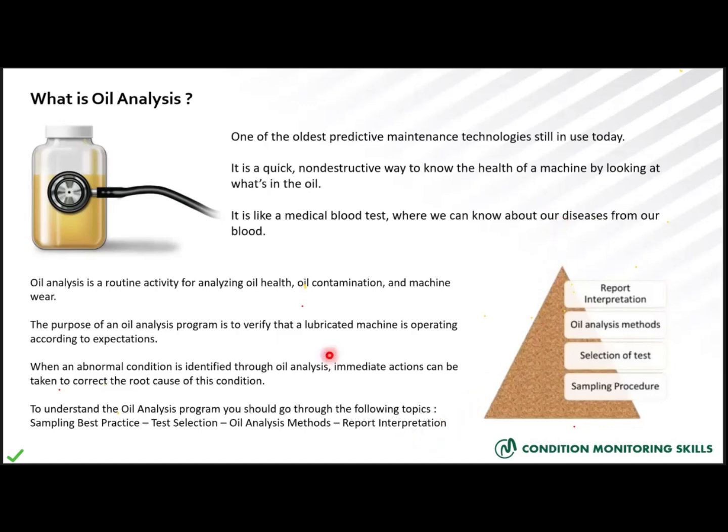Usually oil analysis is a routine activity, just like vibration analysis, for analyzing oil health, oil contamination, and machine wear. In order to understand the oil analysis program, you should go through the following topics: sampling procedures, selection of tests, oil analysis methods, and oil analysis report interpretation.